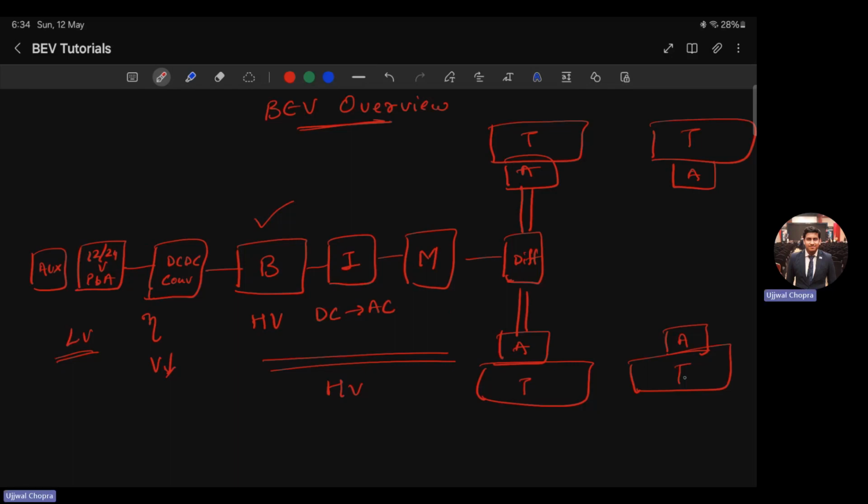We'll talk about traction control in more detail in a later video. The vehicle chassis is connected to all the four axles. And this is a typical architecture of a four-wheeler battery electric vehicle.